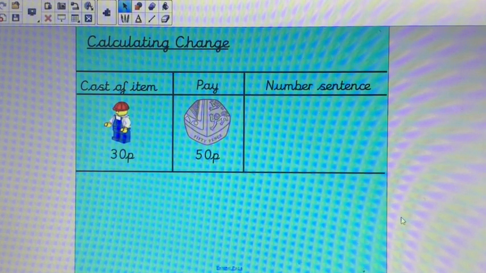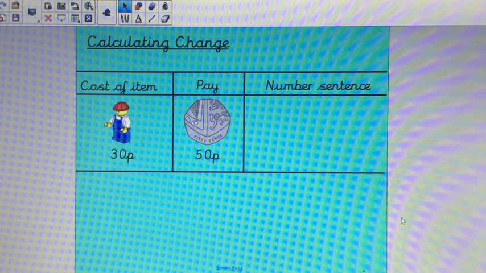Here I am buying a little Lego man for 30p. And I'm paying this time using a 50p coin. So, can you tell me what my number sentence is going to be for this? Ready?